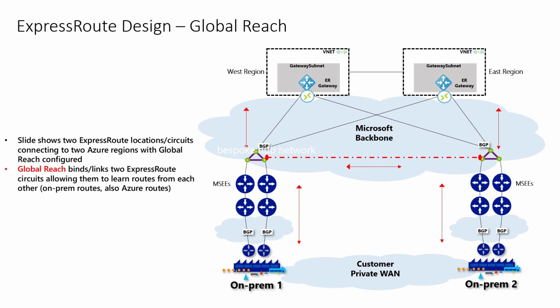The second important use case about Global Reach is having your on-premises connectivity via the Microsoft backbone, right? So let's suppose you have users in on-premise 1, they can talk to users in on-premise 2 via the Microsoft backbone and vice versa.